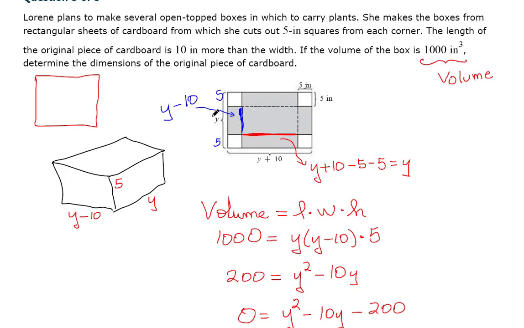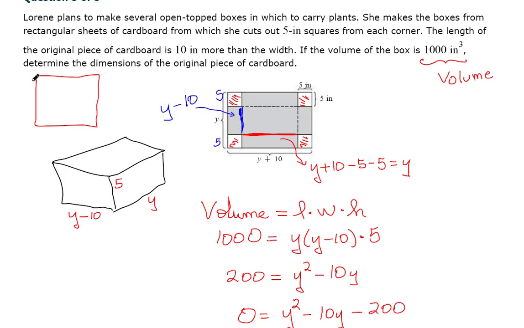I want to chop out the corners. I want to chop out these pieces that are 5 inches by 5 inches. I want to get rid of them. And then I want to fold this on the dotted line to make a box. As simple as that, but it is more complicated.